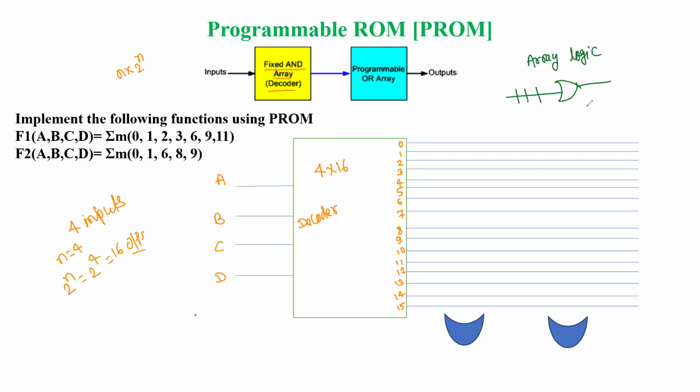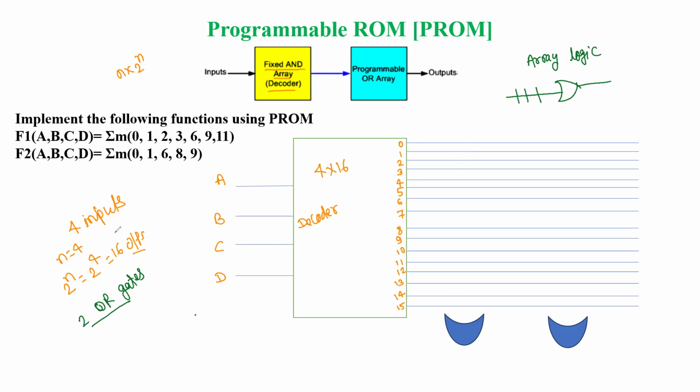That cross sign represents that the fuse is intact. Now we have only two output functions, so we are going to take two OR gates. However many outputs there are, that many OR gates are required.